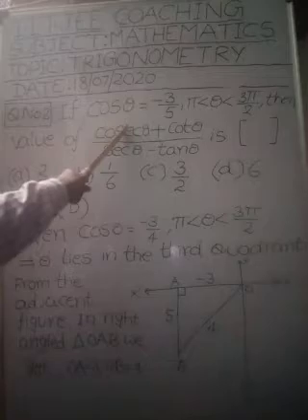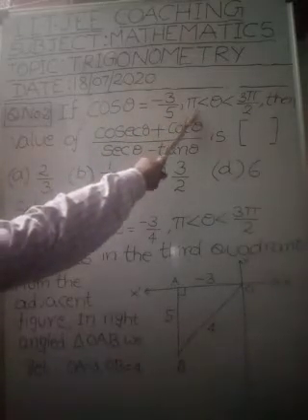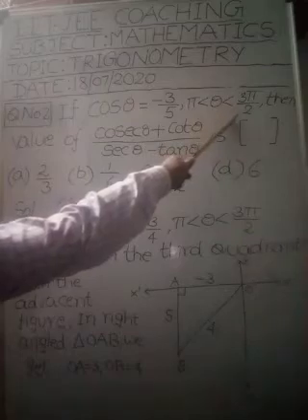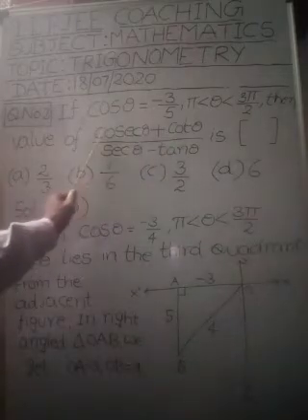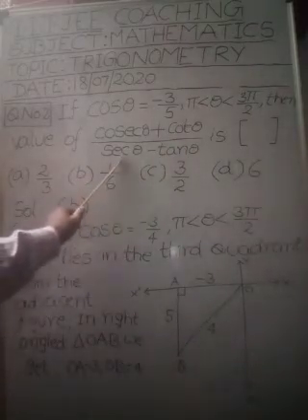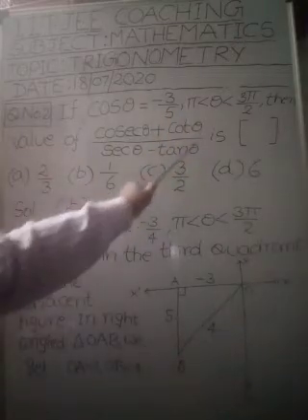Now, come to question number 2. If cos theta is equal to minus 3 by 5, pi less than theta less than 3 pi by 2, then the value of cosecant theta plus cot theta whole divided by secant theta minus tan theta is. We have to find the value of this expression.